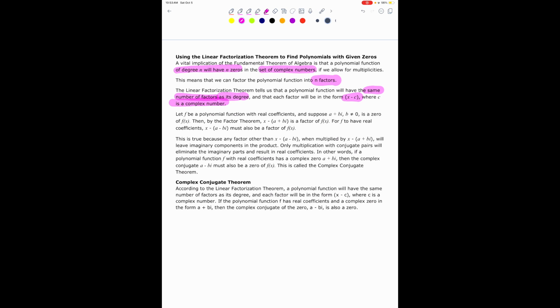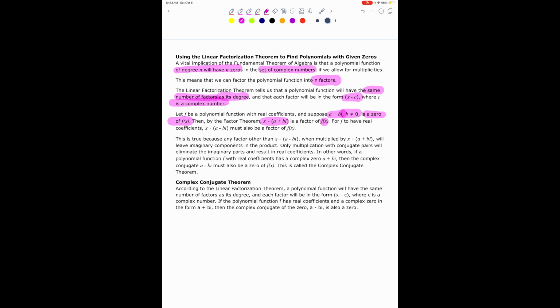Suppose that a plus bi, such that b is not equal to 0, is one of the zeros of the polynomial f(x). Then, by the factor theorem, we know that x minus (a plus bi), where b is not 0, is a factor of f(x).